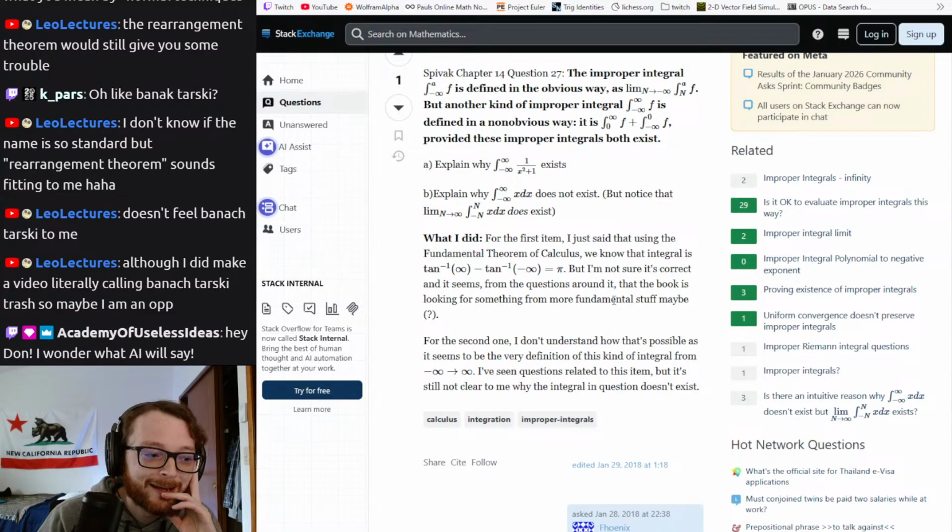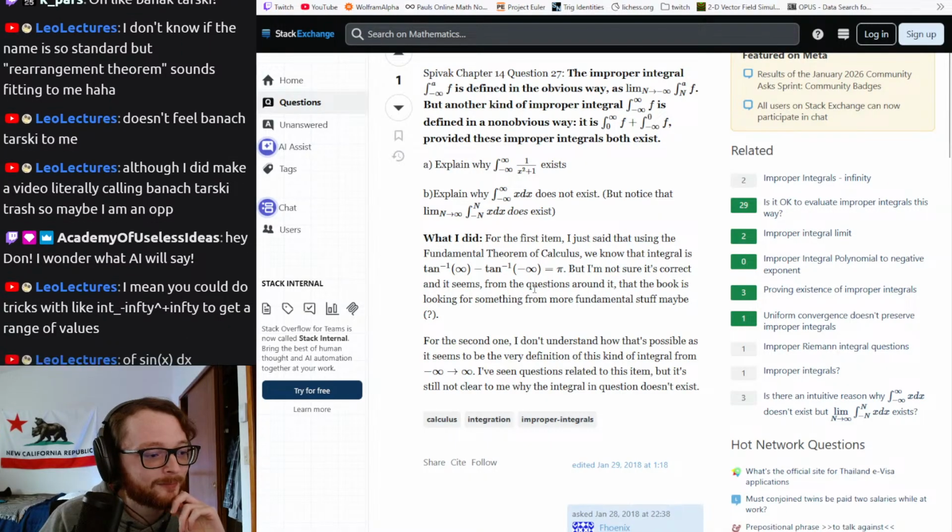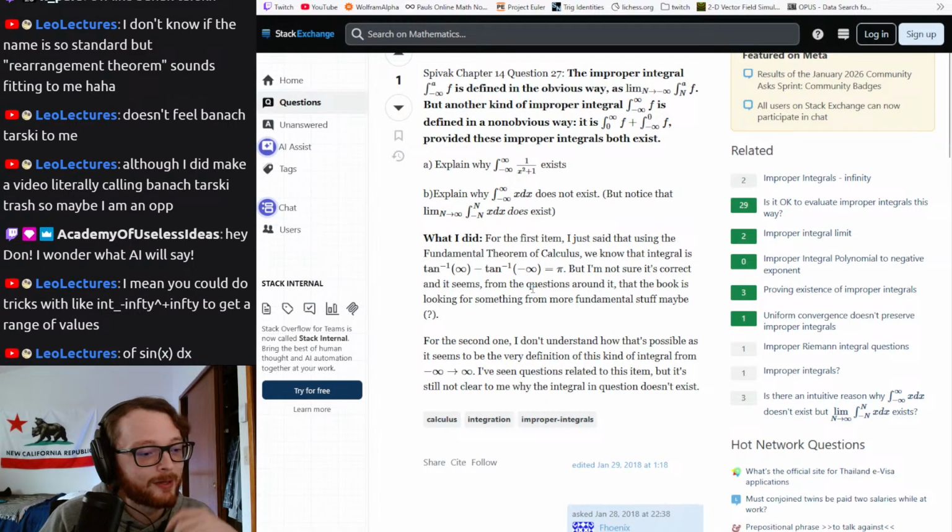You wonder what AI will say? Maybe you do tricks, minus infinity to plus infinity, to get a range of values. Maybe? Oh, for sine of x, yeah.